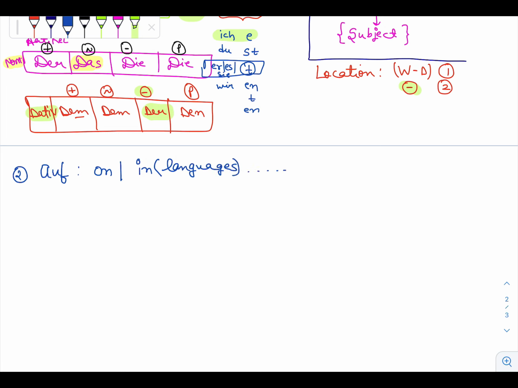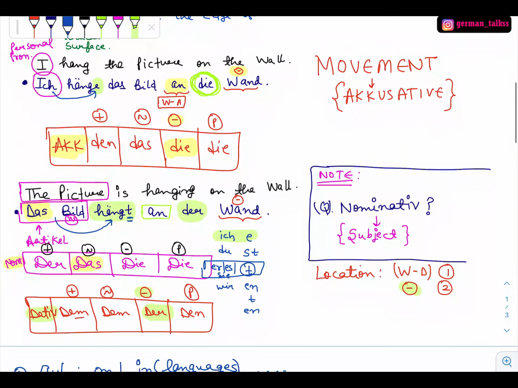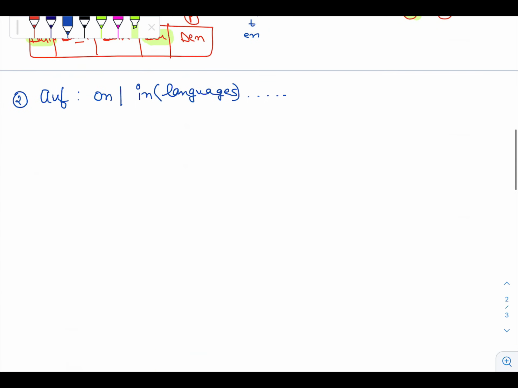If you are making the notes, please make it like this only with the examples. And how I highlighted all these things with the logical reasons, you also need to write it, so that whenever you see this, you don't need to mug up the things, you will easily understand it.